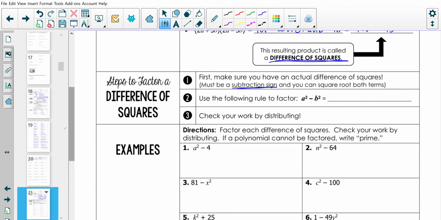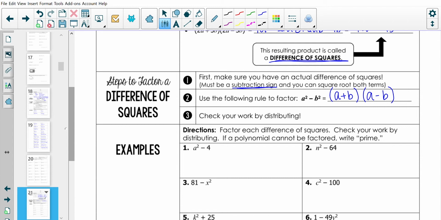If you have a squared minus b squared, so you can find the square root of both and it's a difference, then you know your answer is going to be a plus b and a minus b. Okay? You can always check your work by distributing, or in this case, putting this in box method and making sure you get your original answer.